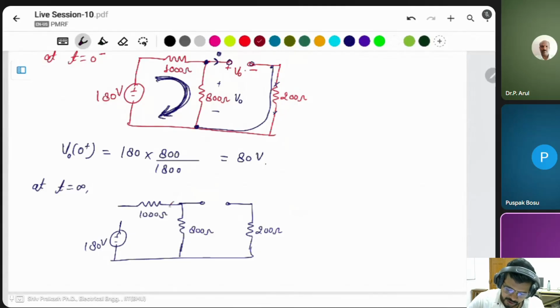There is no meaning of this resistor, and there is no source here. That's why in this condition the final voltage is 0.